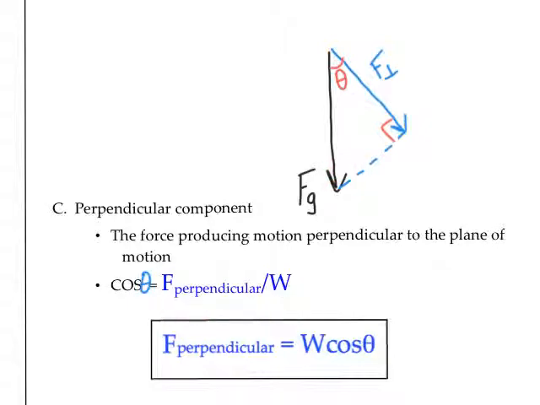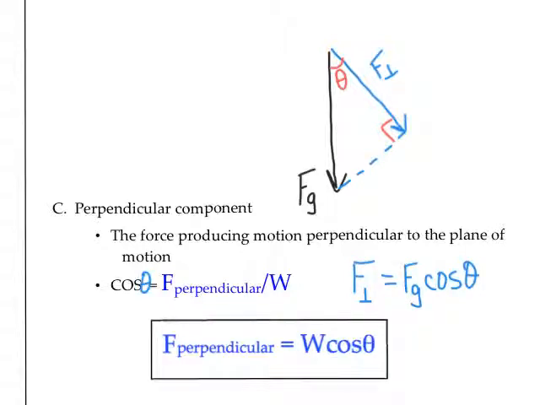So if I rearrange that and solve for the perpendicular component, I would simply multiply the weight by the cosine of the angle. And remember, you can change up your notation and abbreviate perpendicular component as F with the subscript of perpendicular, and you could also say gravitational force instead of weight, and then multiply by the cosine of the angle. So you have a couple of options on your notation.